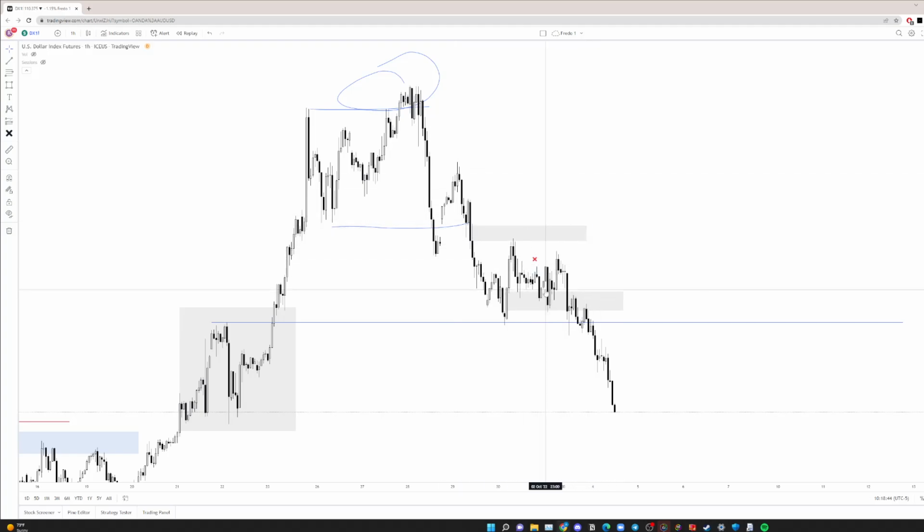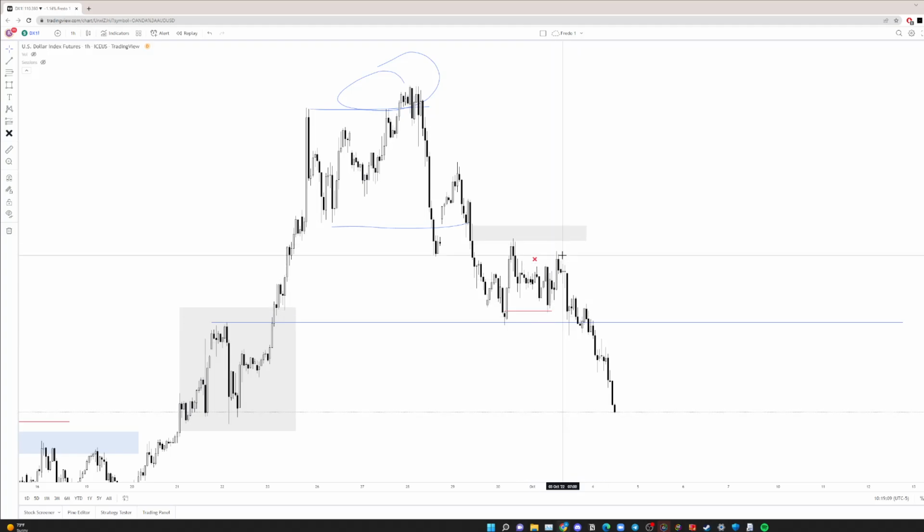What I really want to point out today is this inefficiency fill. This inefficiency fill is very, very important in my eyes. Why? Because this led into a continuation BOS here, and it's extremely convincing that that is a continuation BOS and it didn't just take the high and then reverse.